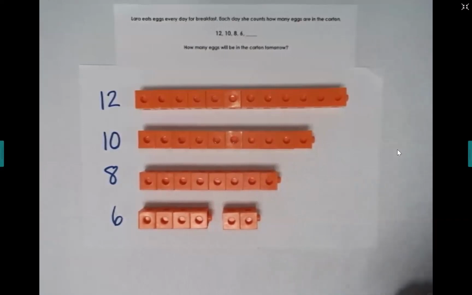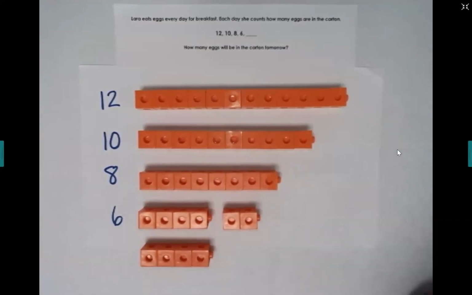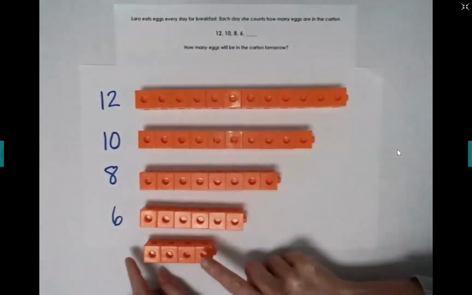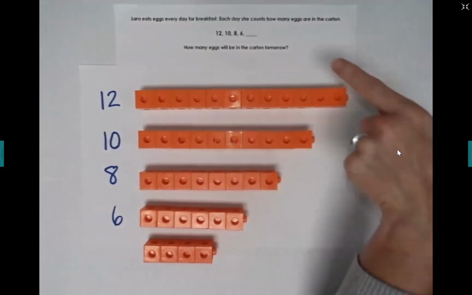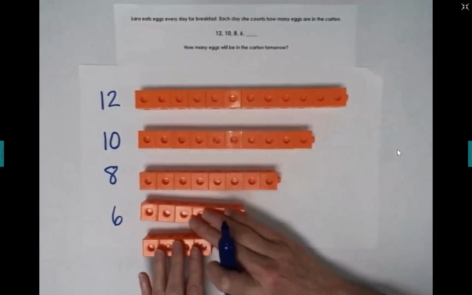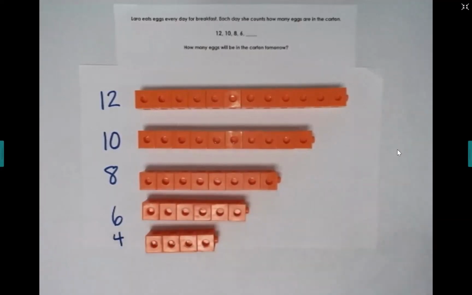They may subtract. 6 minus 2 is 4, or count backwards. 6, 5, and then to 4. Lots of ways that they could reach that solution and extend our shrinking pattern to find out what would come next, which would be 4 eggs. If I scoot these up just a little bit, I can go ahead and label that.